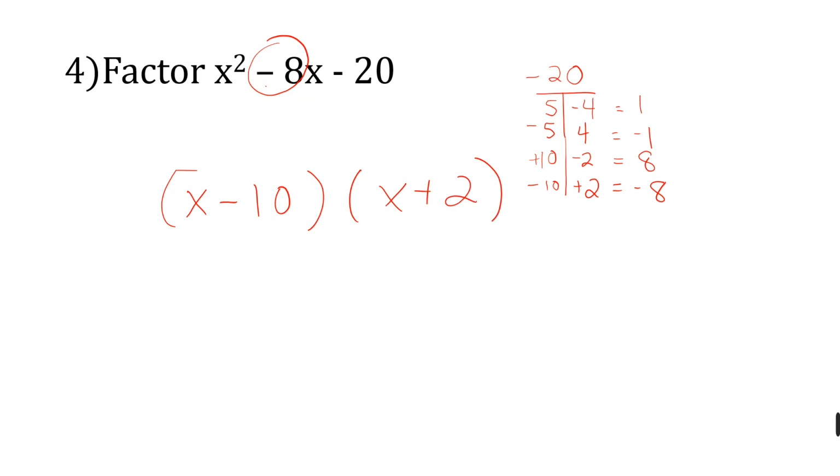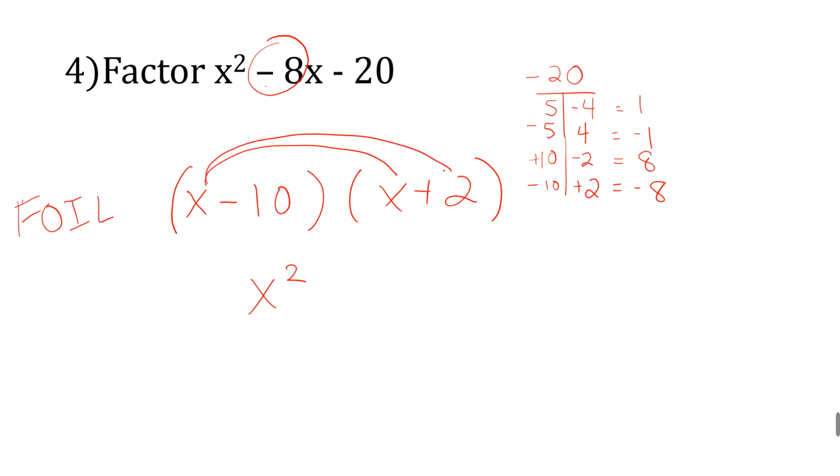And let's do a checking of our answer just to be sure. So x times x, first terms, x squared. And then I want to do the outer terms next. X times 2, we write that as 2x. Inner terms, negative 10 times x is negative 10x.